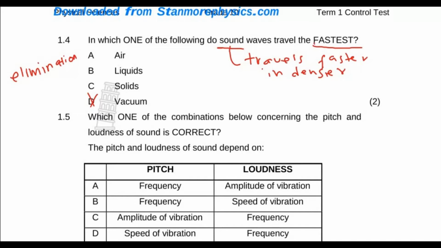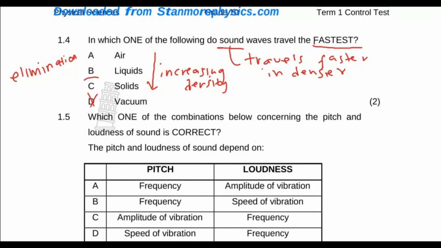In air, the particles are not as packed. So you can just say there's increasing density from air, which is mainly a gas, to solid. So in air, the particles are not packed together. So air is less dense than liquids. However, solids are more dense than liquid and air.